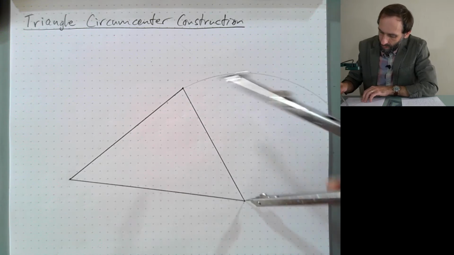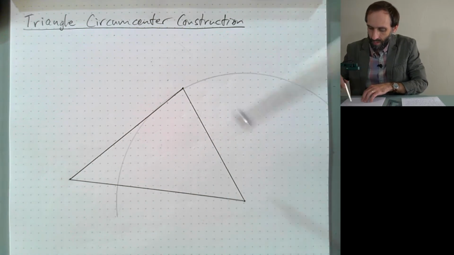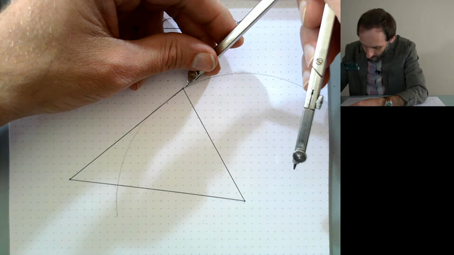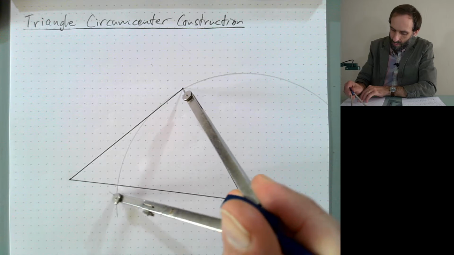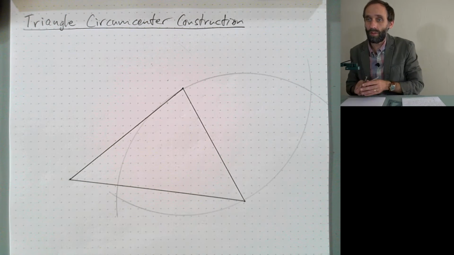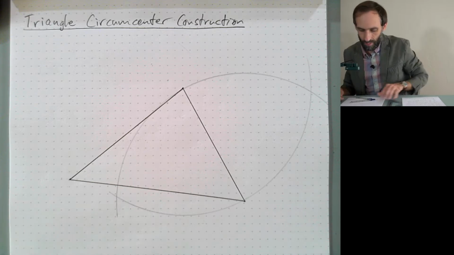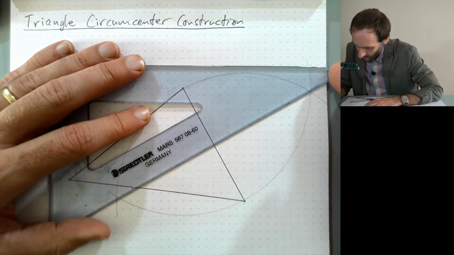and go ahead and draw my arc there. Now I'll go to the other point, draw my arc again, and you can see those two intersection points. I'll go ahead and connect those using my straight edge.